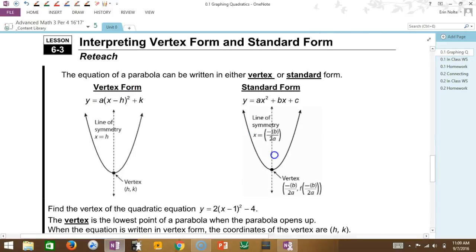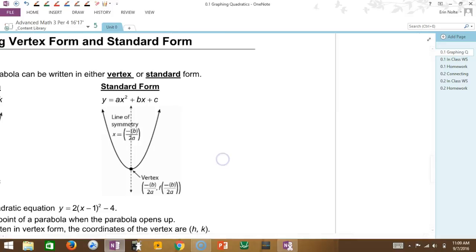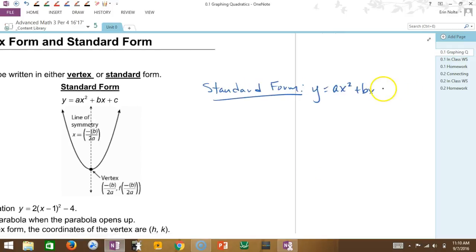All right, so the second half of this is going to be working with standard form. We graphed all this stuff in vertex form. It was super easy, very literal. Now we're going to work with standard form. This is what I would write down in your notes. Standard form looks like this: ax squared plus bx plus c.